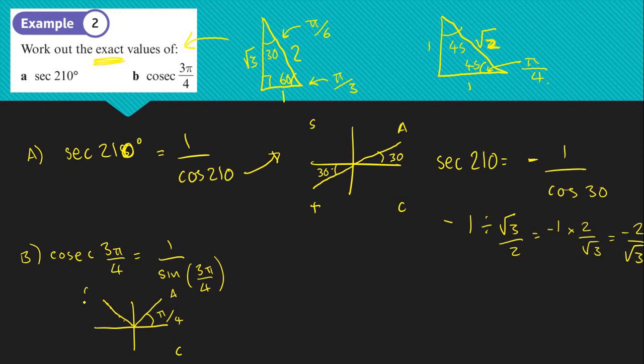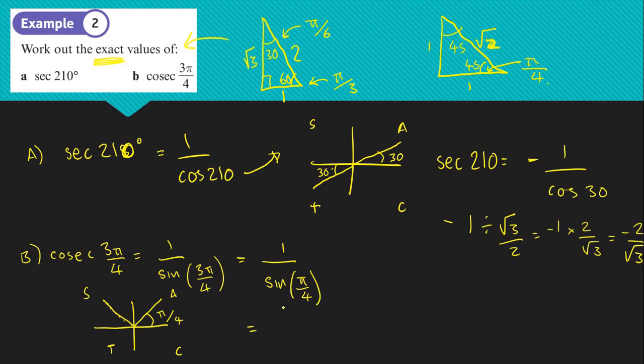CAST. Now, in this area here, sine is positive. In this area here, sine will also be positive. Everything's going to be positive there. And so, cosec of 3/4 pi is going to equal exactly 1 over sine of pi over 4.